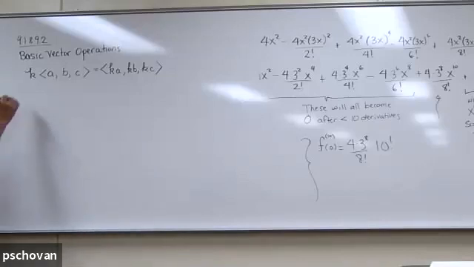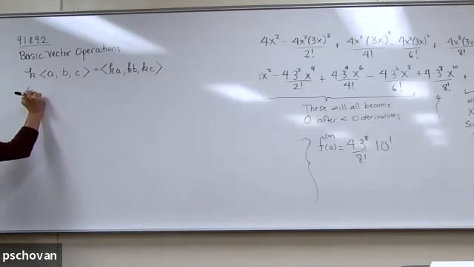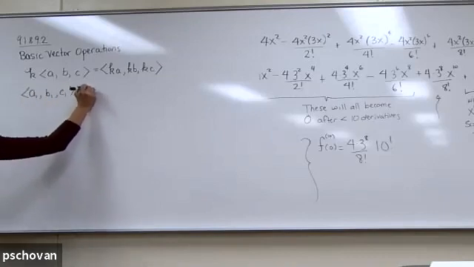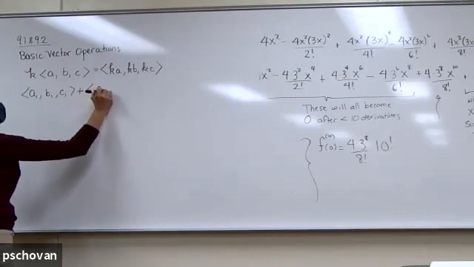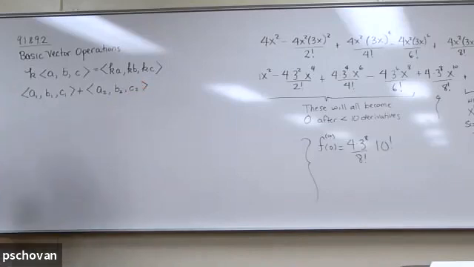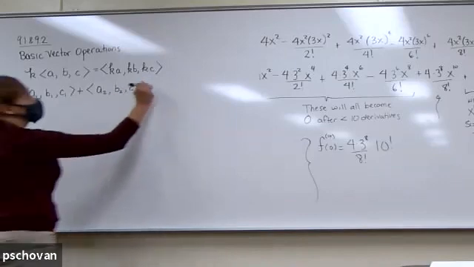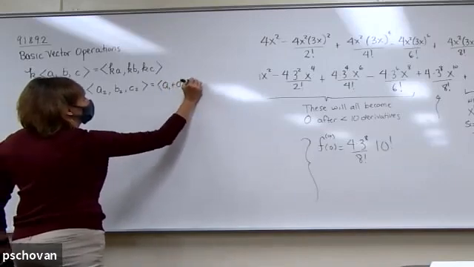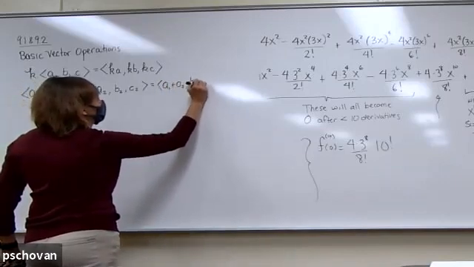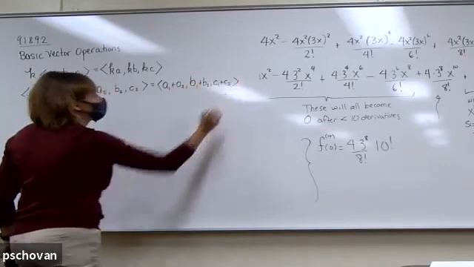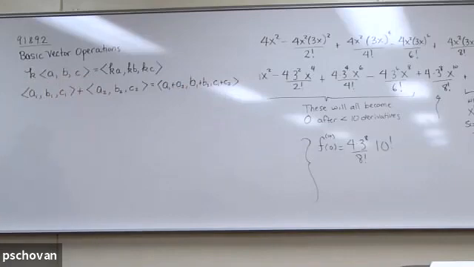If you do vector addition, you add component-wise. Same with subtraction. You just distribute the minus sign.